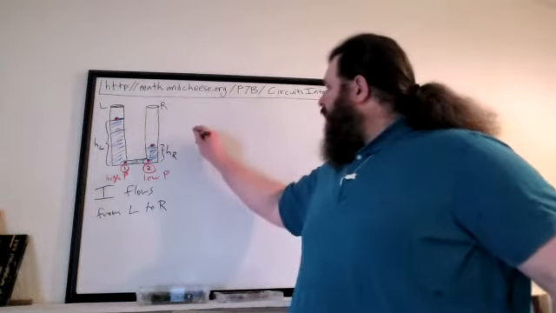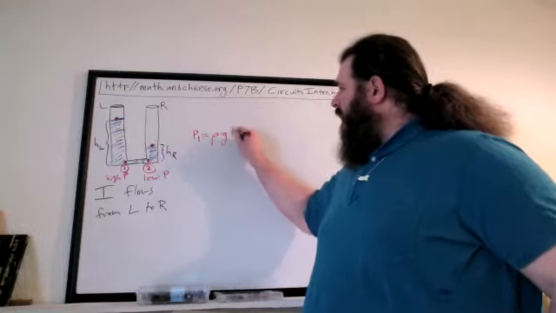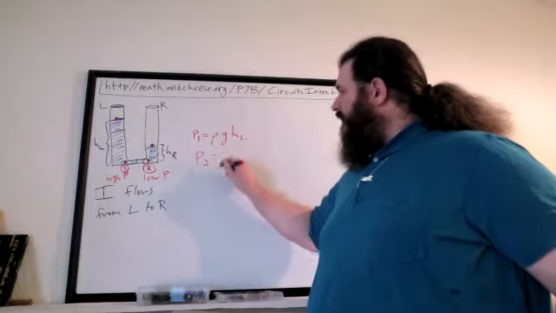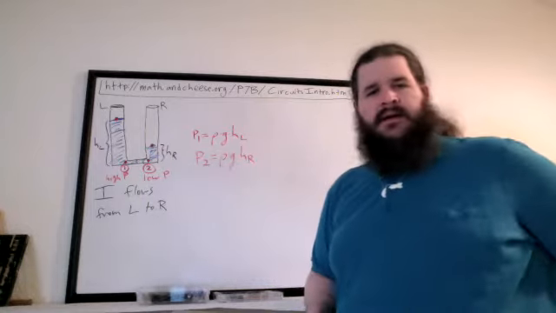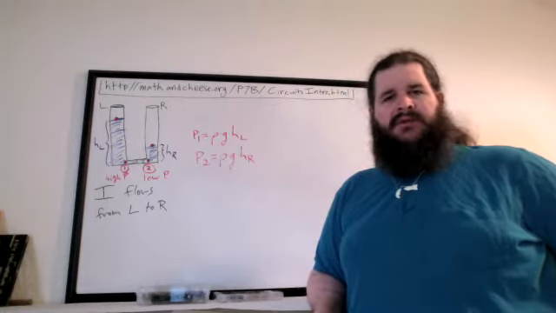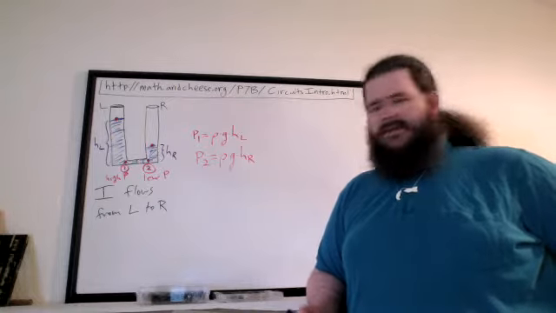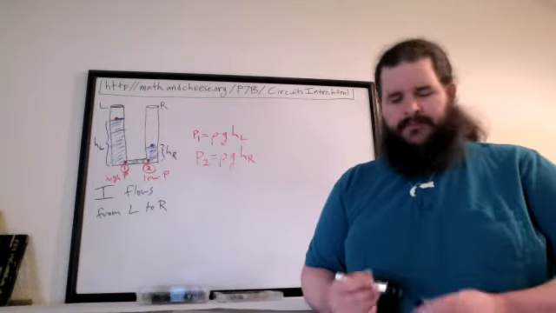Pressure 1 equals density times gravity times height left, and pressure 2 equals density times gravity times height of the right standpipe. Those should both have a plus 1 atmosphere, but if we're talking about gauge pressure, we can ignore that. We're going to be looking ultimately at a delta pressure anyway, so when we subtract, the plus 1 atmospheres will cancel out.